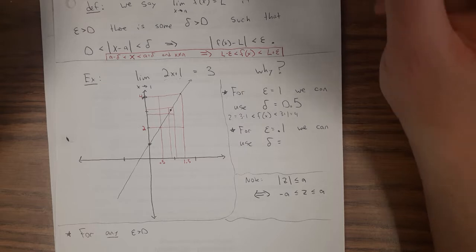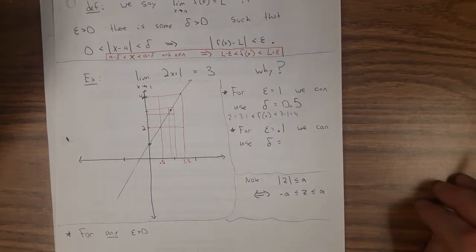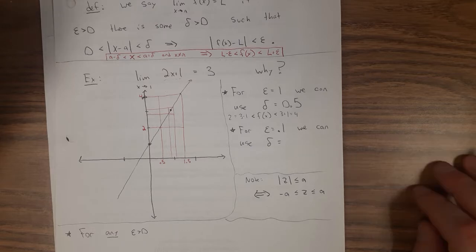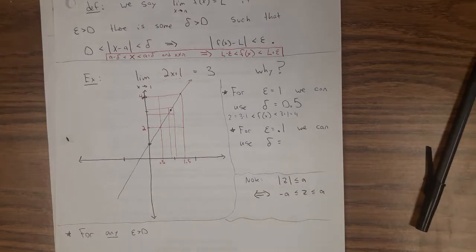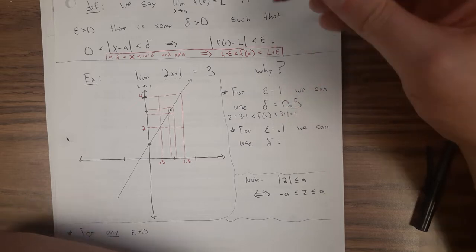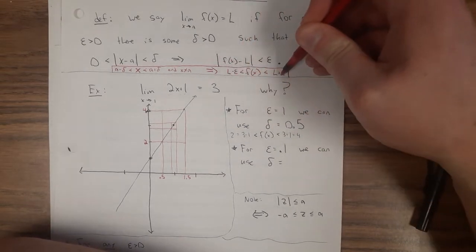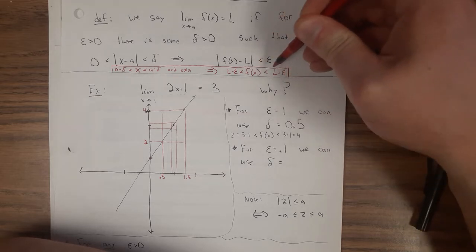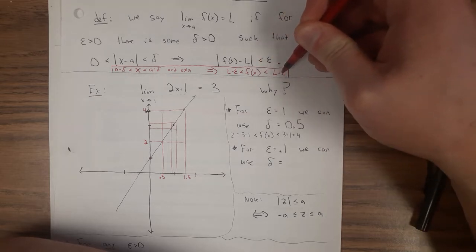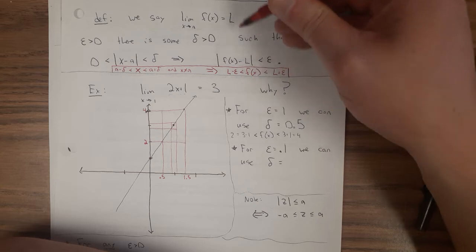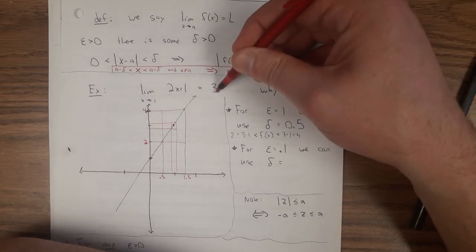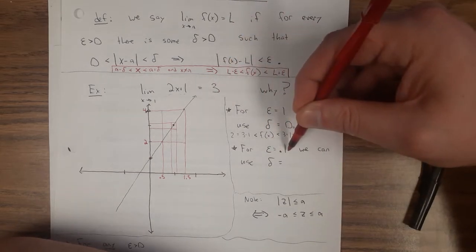Okay. Let's talk about epsilon equals 0.1. That's very similar. Remember, epsilon is the distance that tells you the vertical window. The vertical window goes from L minus epsilon to L plus epsilon. And keep in mind, L is 3 and epsilon is 0.1.